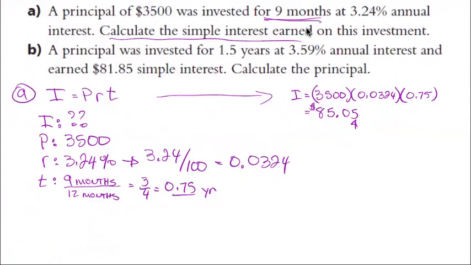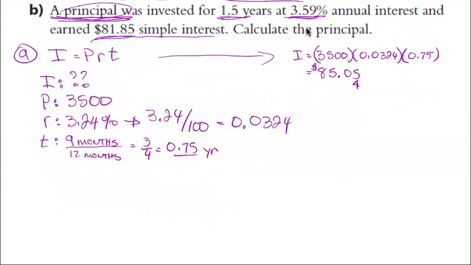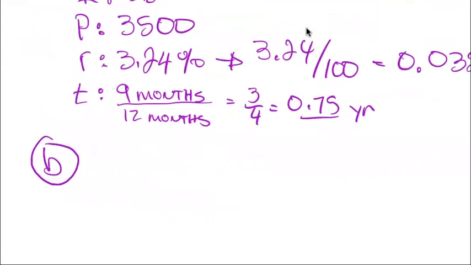Question B, a principal was invested, so we don't know the principal, was invested for 1.5 years at 3.59% annual interest and earned $81.85 simple interest. So we know we have the interest. We know we have the time, we know we have the percentage, we're looking for the principal. So there are 2 ways to approach this. I can do exactly what I just did in the question above.